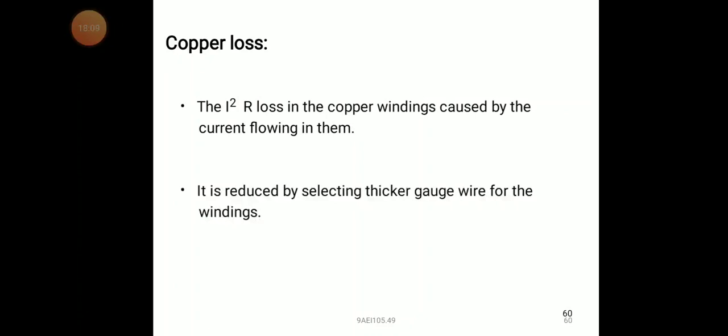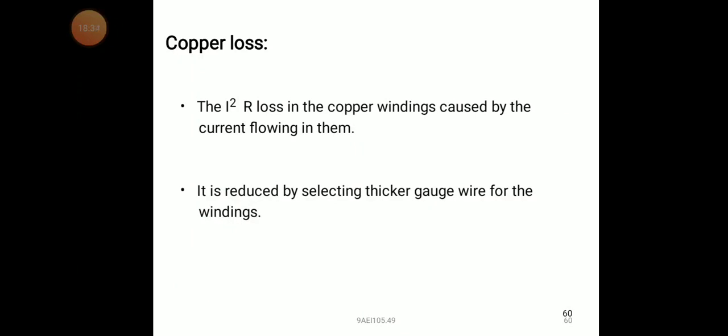So what is the meaning of copper loss? The copper losses are called the I square R losses. Because of the winding resistance, because of the winding's opposition to the flowing current, some energy is lost across the winding.